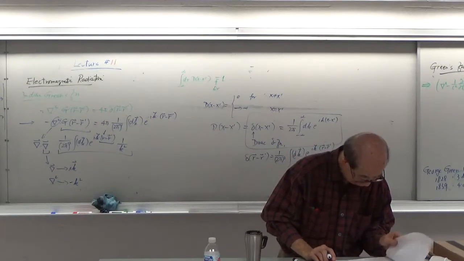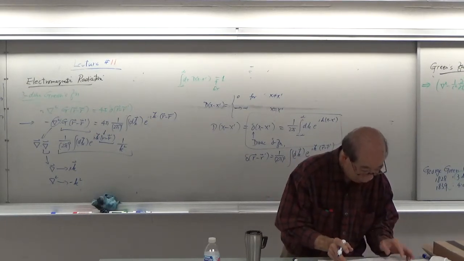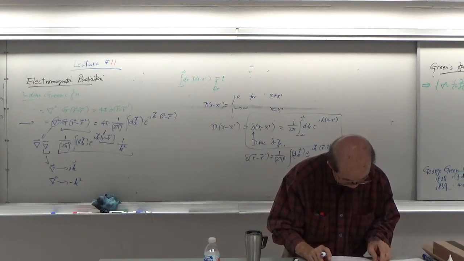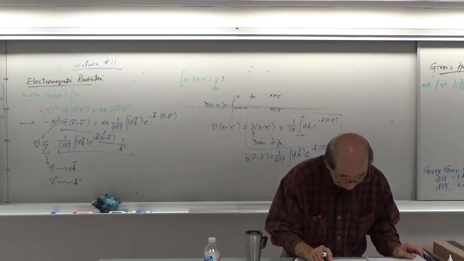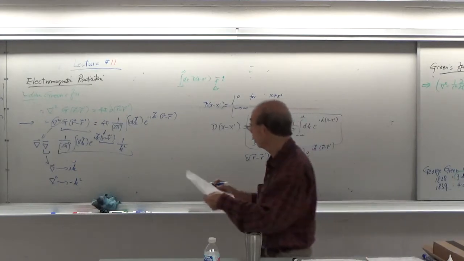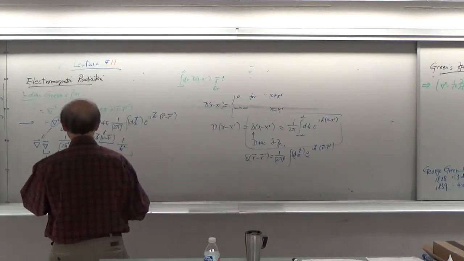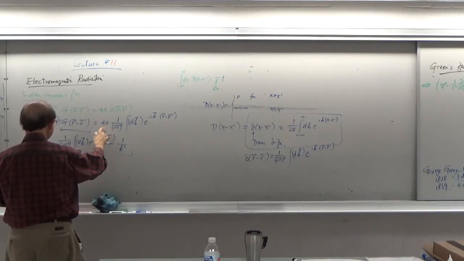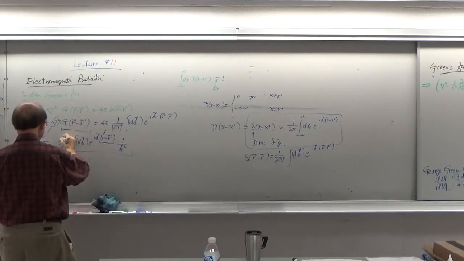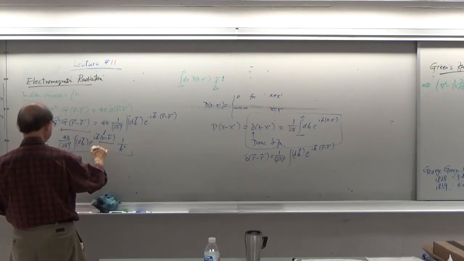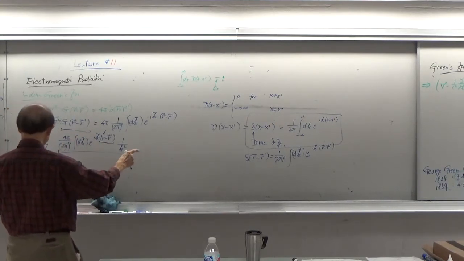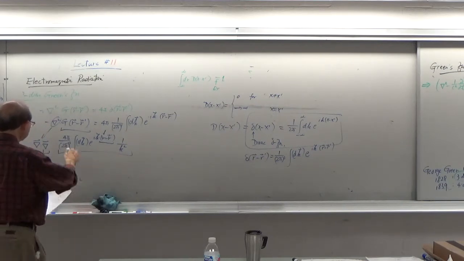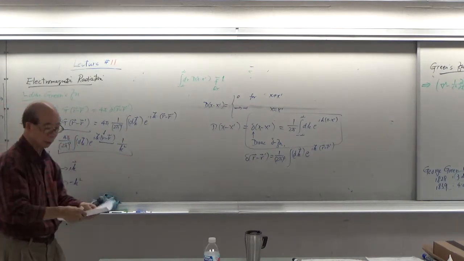Embarrassing. Is this a 4 pi problem? It should not be. Oh, okay. Maybe in fact I should put in the 4 pi here. Yeah, that's right, 4 pi. Okay, so I should have kept the 4 pi there.